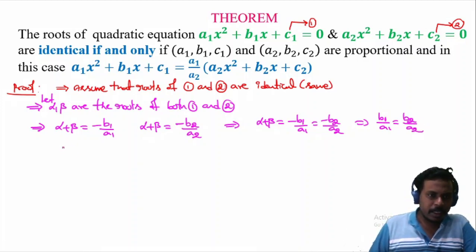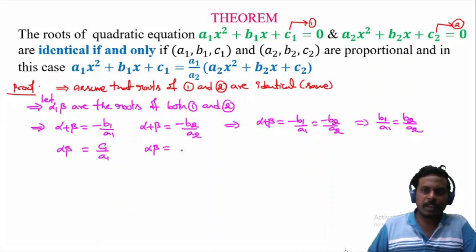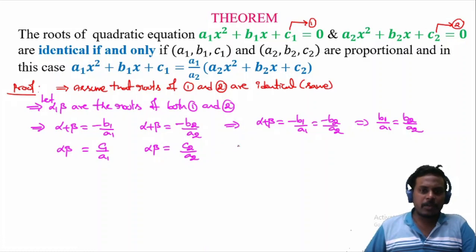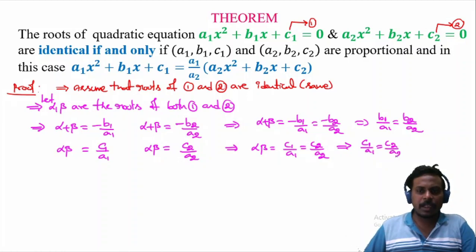Now similarly, if alpha comma beta are the roots of equation 1, then the product of the roots is c1 by a1. Similarly, if alpha comma beta are the roots of equation 2, the product of the roots will be c2 by a2. This implies alpha beta is equal to c1 by a1 is equal to c2 by a2, which implies c1 by a1 is equal to c2 by a2.